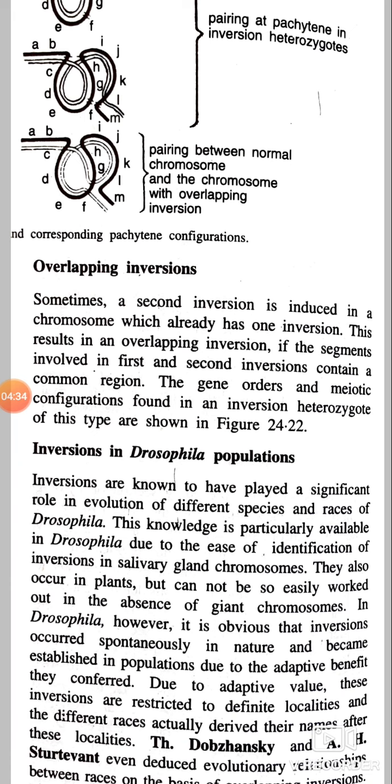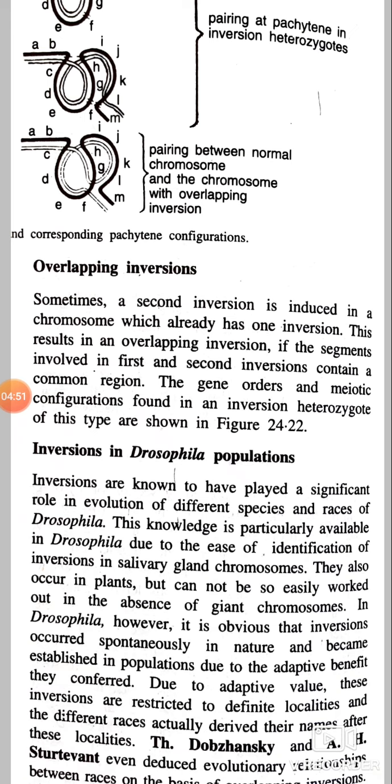Due to adaptive value, these inversions are restricted to definite localities, and the different races actually derived their names from these localities.